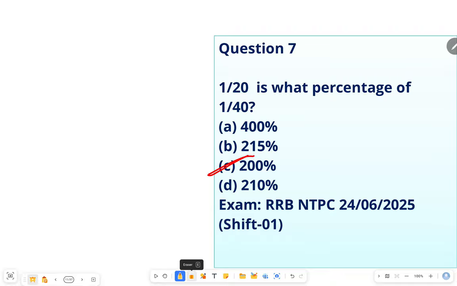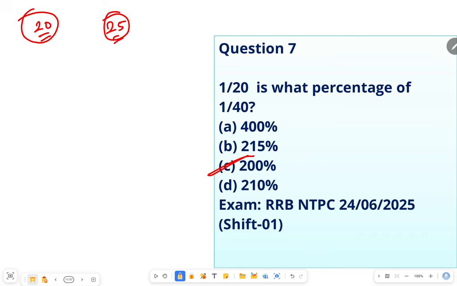So here, if you want to find the percentage of some number with another number, right? So how can you do that? For example, you have two numbers, 20 and 25. You want to know this 20 is what percent of this 25, right? So how can we do that?